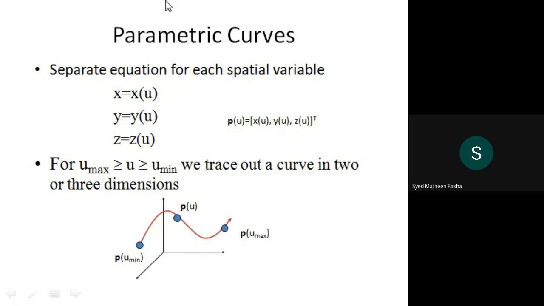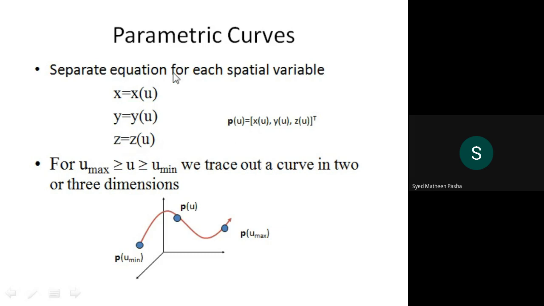How are parametric curves defined? Basically, parametric curves are defined by separate equations for each variable. That is, for the x variable, you give x of u, for the y variable, y of u. This u basically represents the curve's minimum as well as maximum values. Then z is z of u.